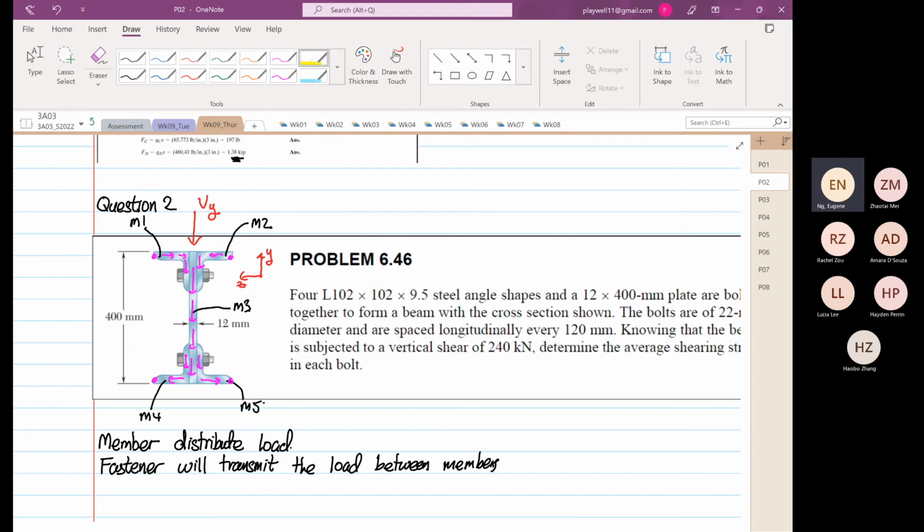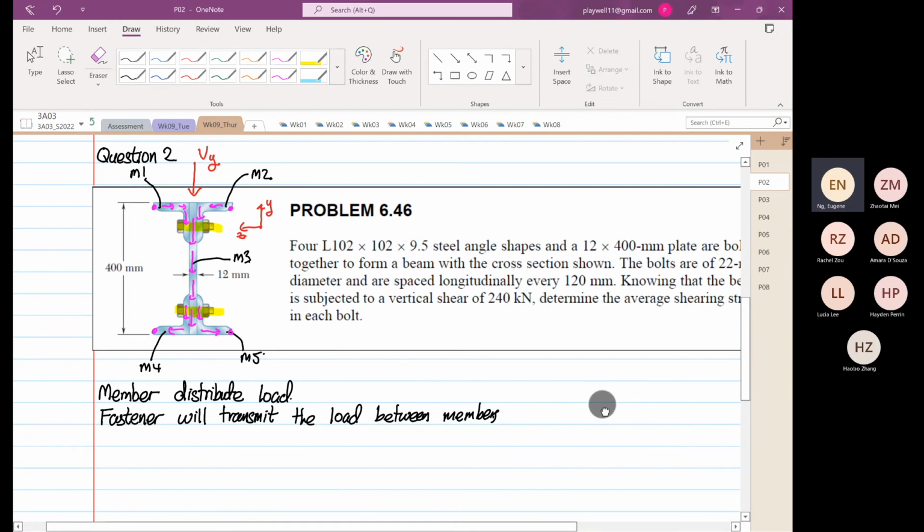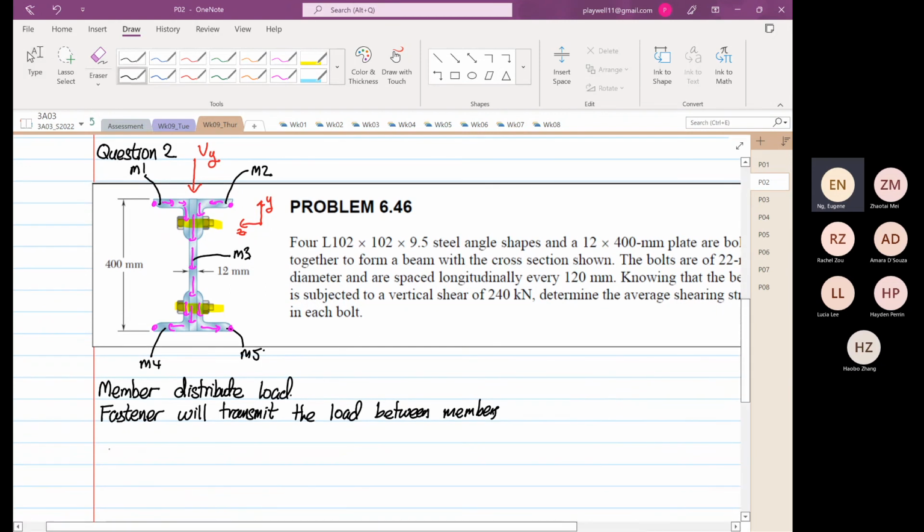And these are the fasteners that will transmit the load. So for this problem, this is the reason why the first moment of area Q is only looking at member number 1. Only.